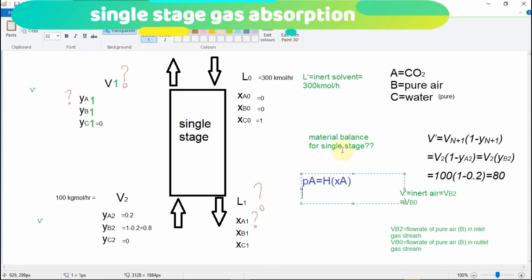Whenever we divide this PA by the total pressure, it will be PA over P total equals H over P total, multiplied by XA. So when we simplify, PA over P total is YA, and YA equals H over P, written as H prime, multiplied by XA.